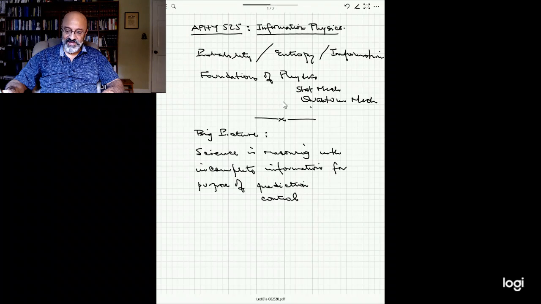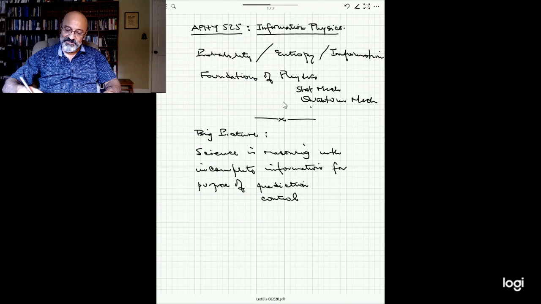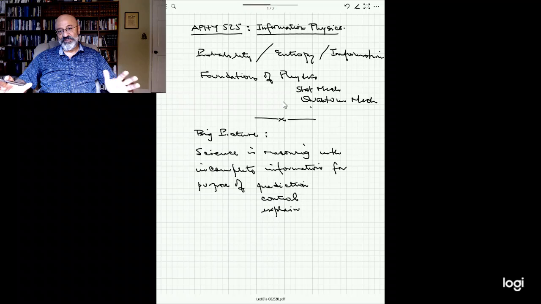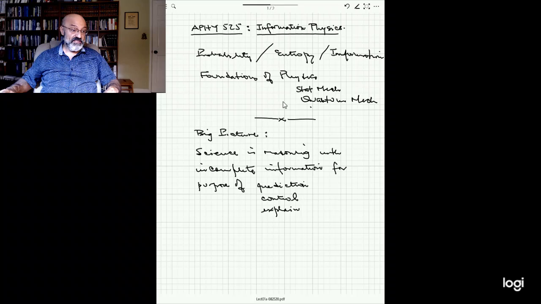So, control of the world. And finally, it's not just that you want to predict what's going to happen and you want to have control over it. You also want to explain what's actually happening. Now, these are pretty weird words. What does it mean to explain something? One of the things that we're going to see as we proceed in this class is that an incredible amount of it has to do with the meaning of words and the philosophical issues that arise behind these words.